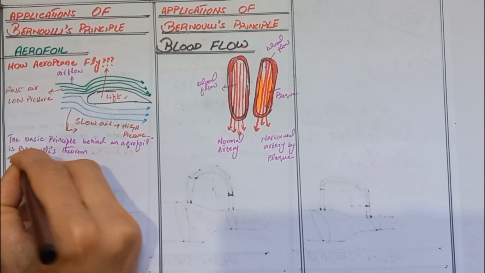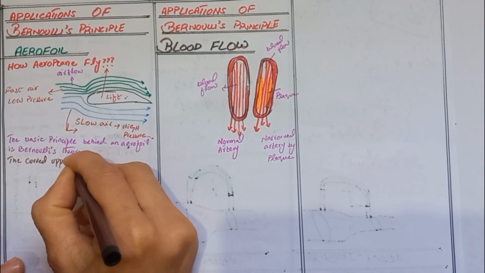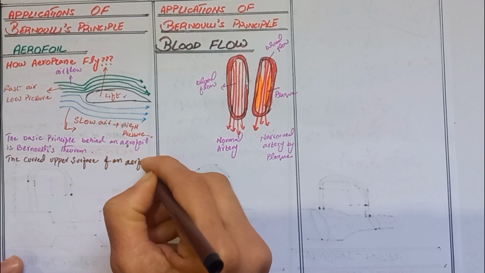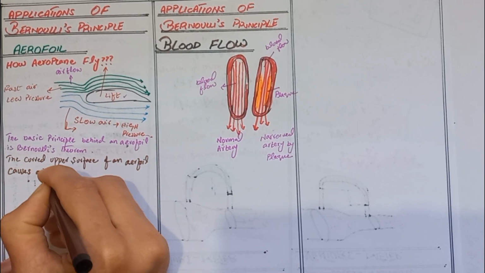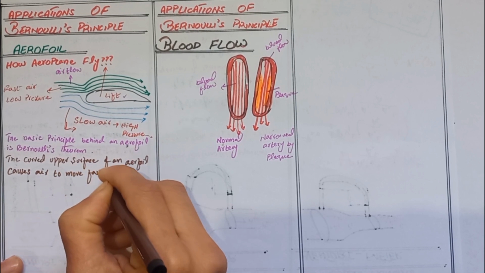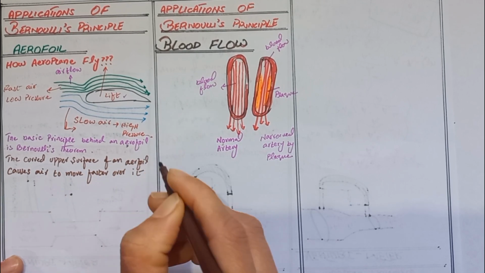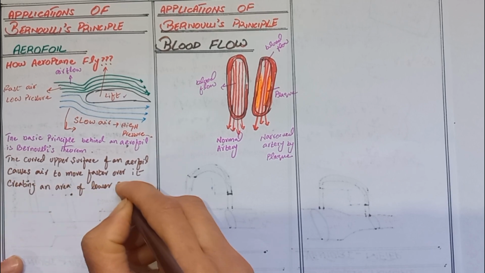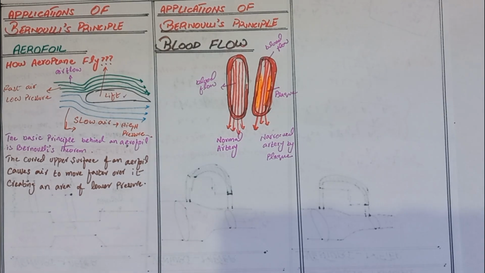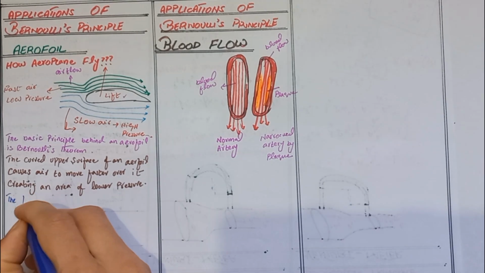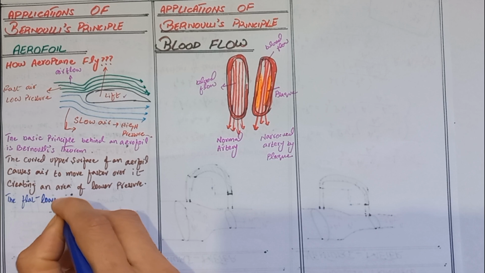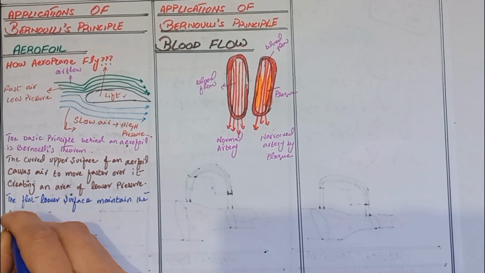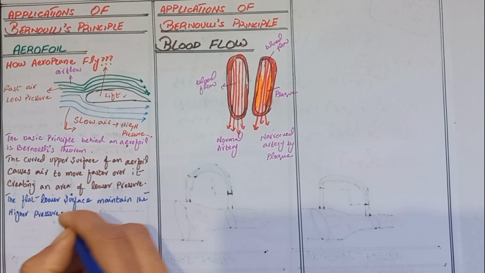The curved upper surface of an aerofoil causes air to move faster over it, creating an area of lower pressure. The flat lower surface maintains the higher pressure.